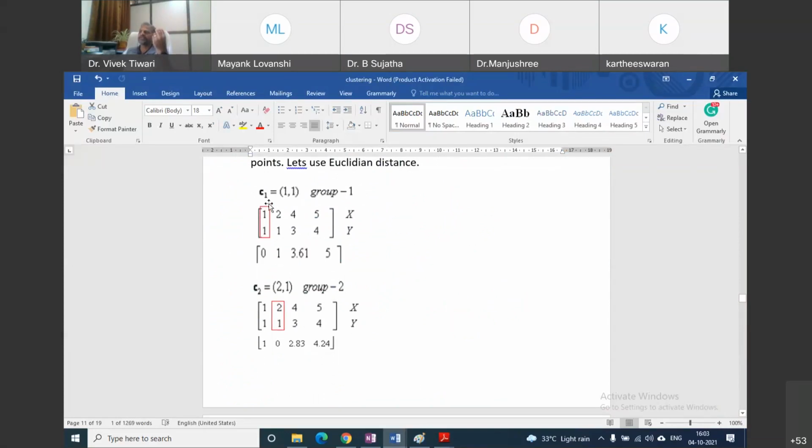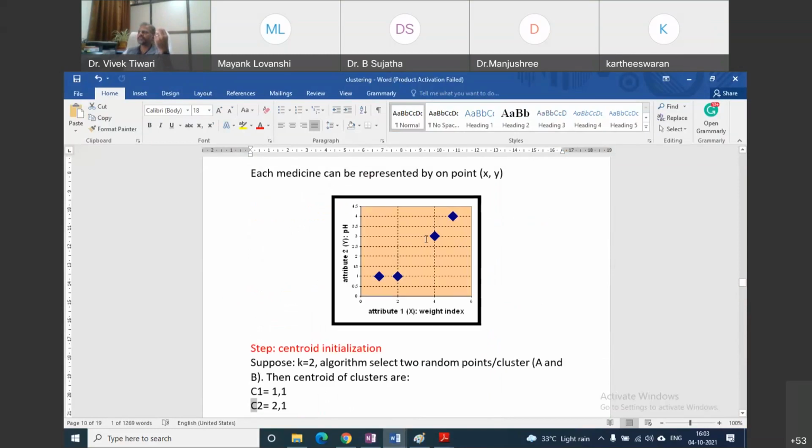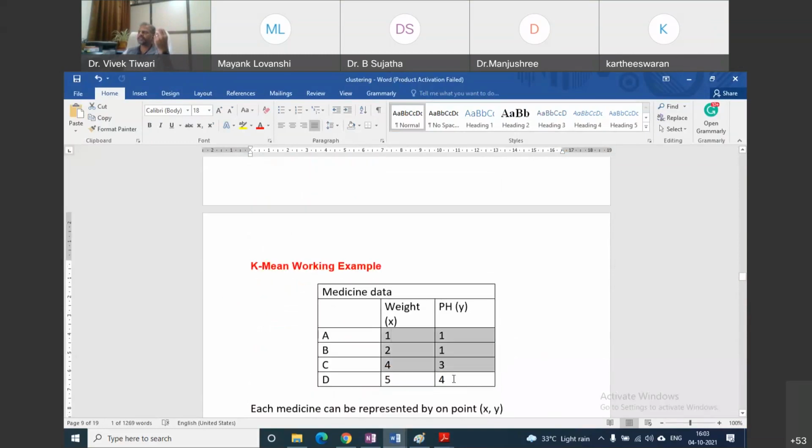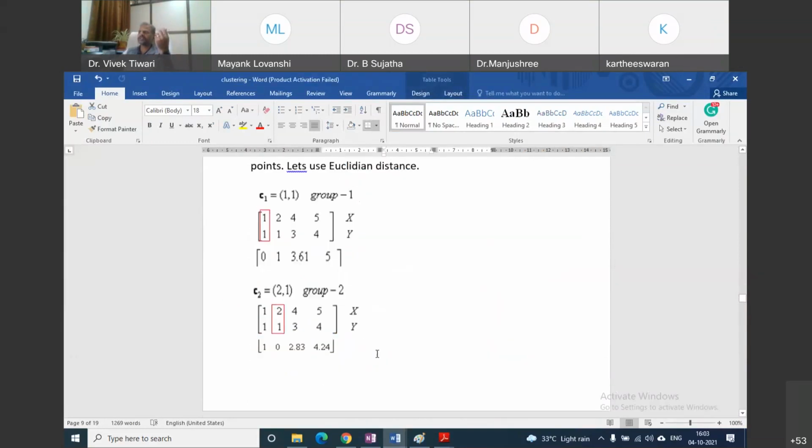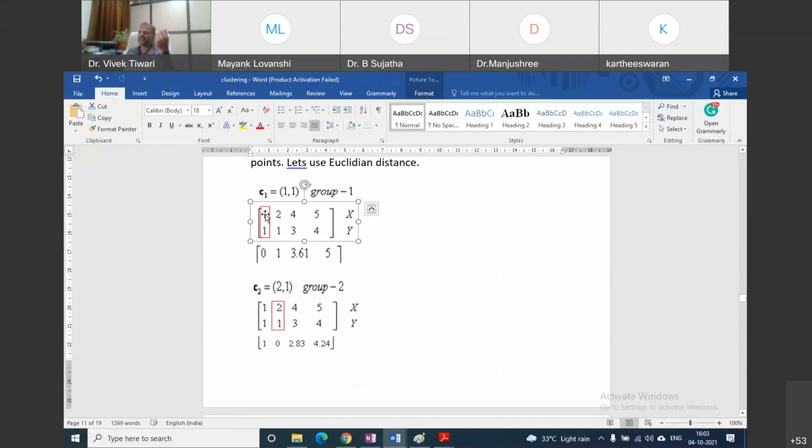I have to calculate the distance for the complete data set given to you: data points 1 1, 2 1, 4 3, 5 4. I am representing it with a matrix. I have to calculate the distance from all the data points to this centroid.